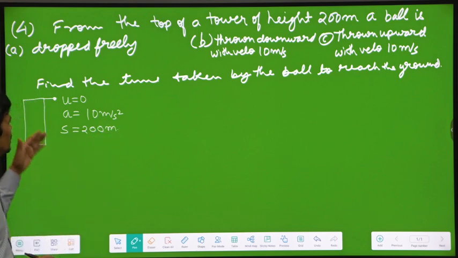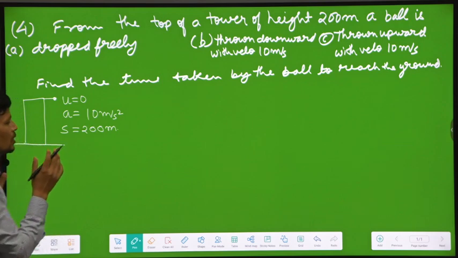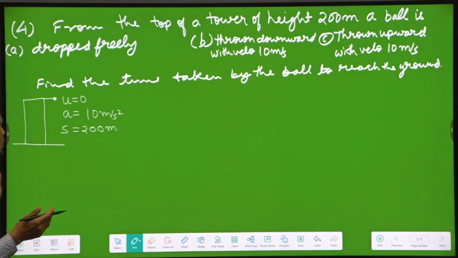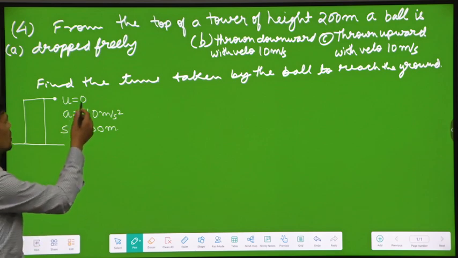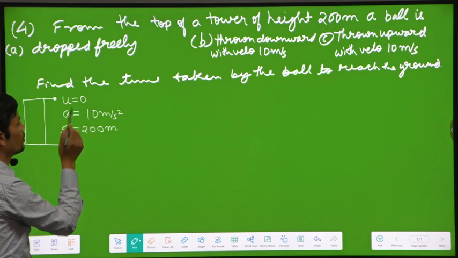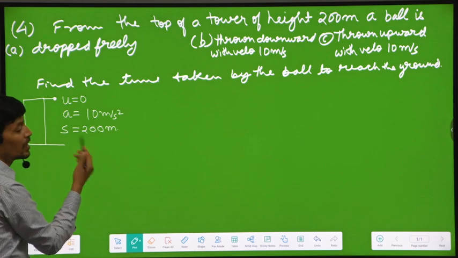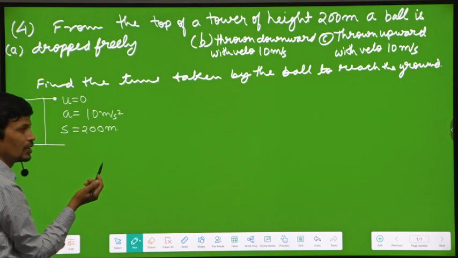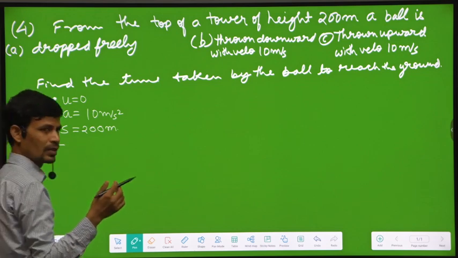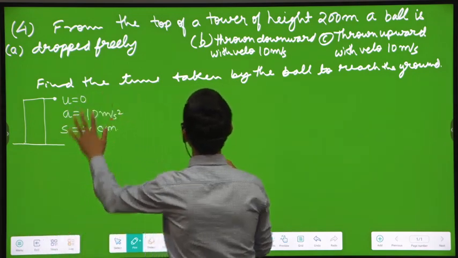So this description puts lots and lots of questions for it, like initial velocity is 0, acceleration is 10, why not minus 10, s is 200, can it be minus 200? So just I'm keeping all those things aside.